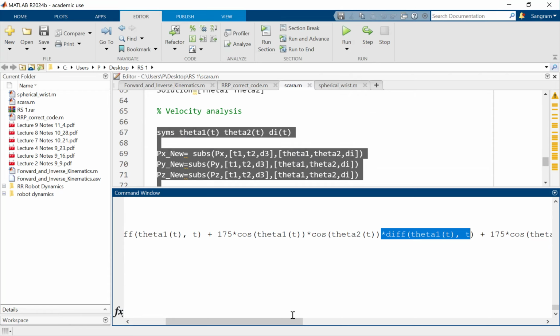Now I want to solve the dynamic problem. Then what? Force is equal to mass times acceleration. Torque is equal to mass moment of inertia multiplied by angular acceleration. That's it.